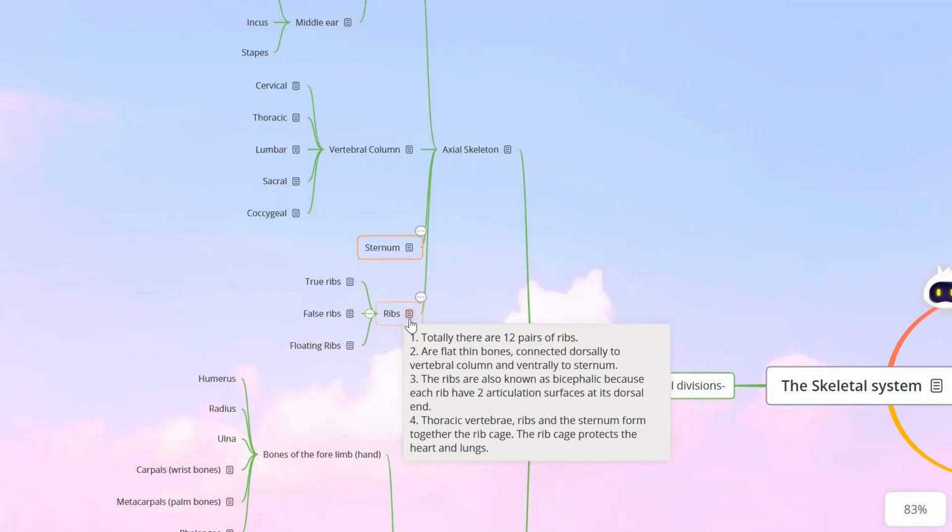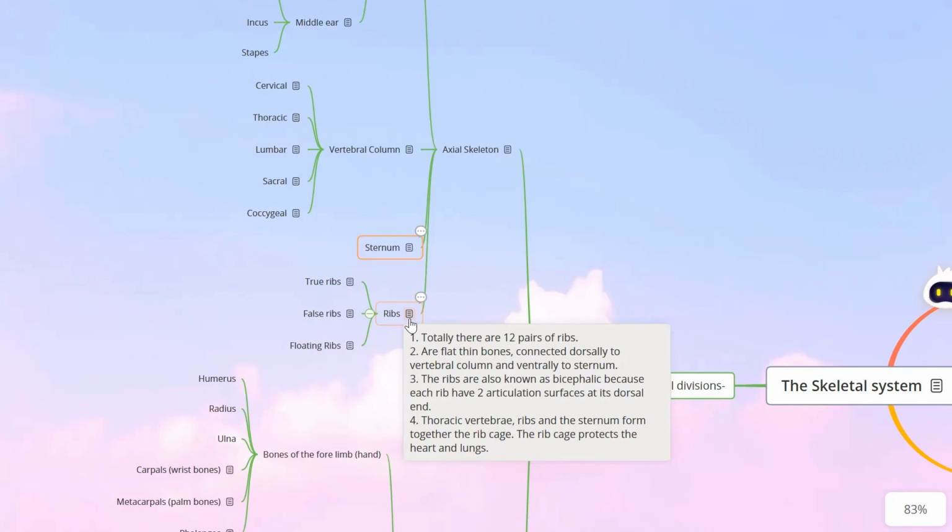Ribs are flat, thin bones connected dorsally to the vertebral column and ventrally to the sternum. The ribs are also called bicephalic because each rib has two articulation surfaces at its dorsal end.